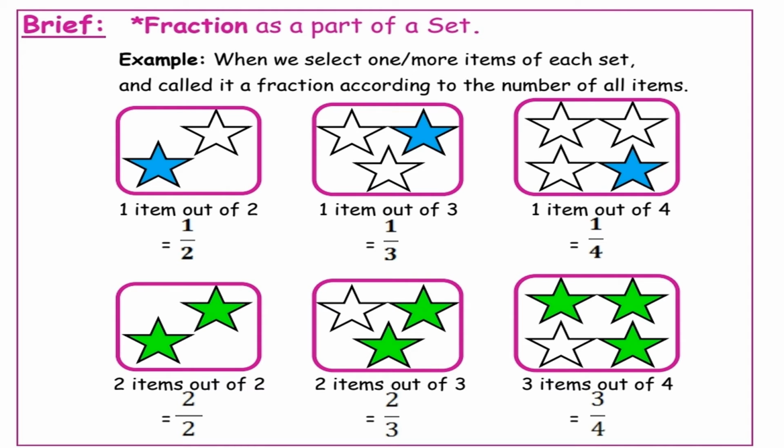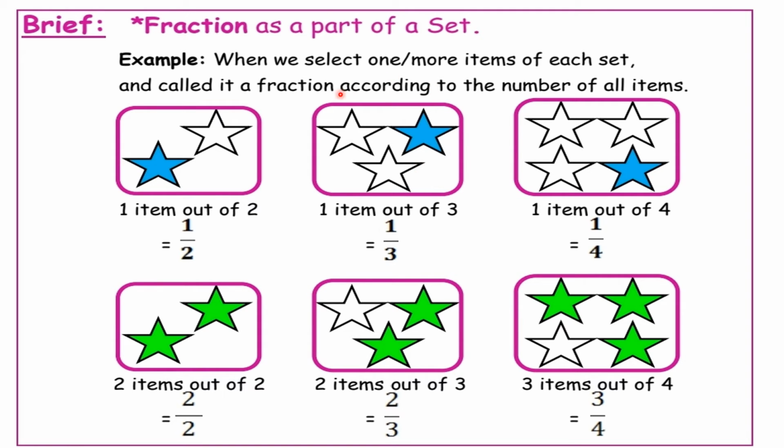A fraction as a part of a set. For example, if I have here a set of stars and I colored one item out of 2, so I have here 1 out of 2, it represents a half.